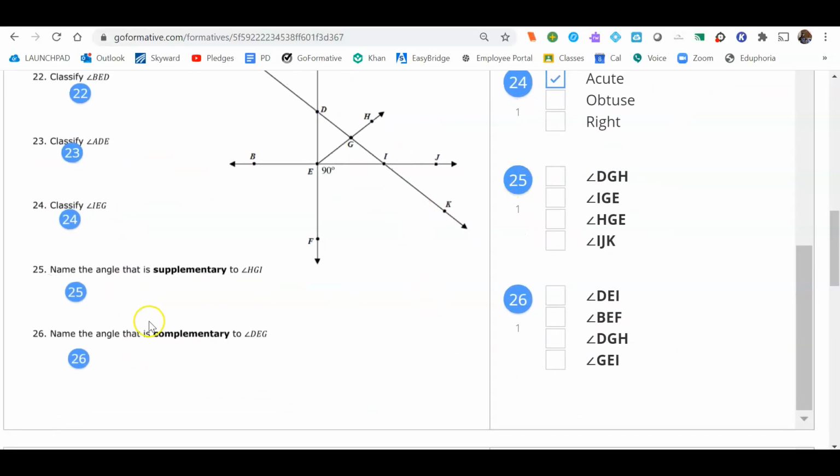So if HGI is this angle right here, then I want to find another angle right next to it that makes 180 degrees or a straight line. So what's right next to it? DGH or HGD, however you want to say it. And look, DGH. Now, those two angles make a straight line.